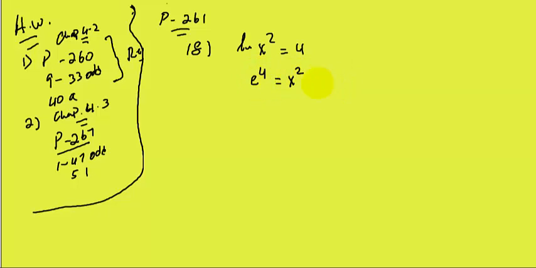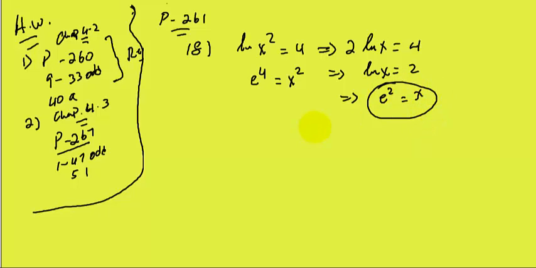squared. Okay, that's, well, you know what, there's an easier way. Let's do it this way. I don't like it that way. Just put the 2 out in front. 2 ln of x is equal to 4. Okay, and when you solve, you get ln of x is equal to 2. And then this is e to the 2nd is equal to x.